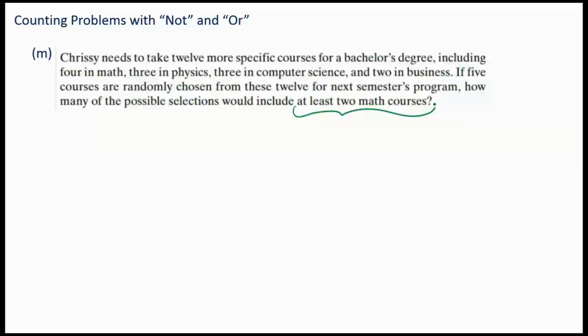Now with that at least, you could work with the complement. But let's think about, first of all, what does that mean? At least 2 math courses means 2 math courses or 3 math courses or 4 math courses or 5 math courses.